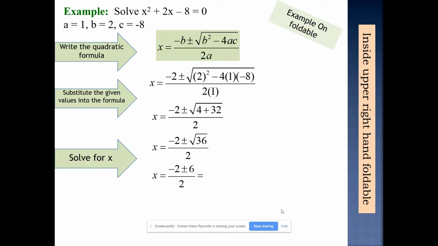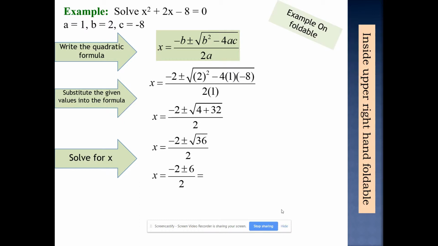So you have 4 plus 32 under the radical. Everything else kind of comes down, the negative 2, the plus and minus, and then we have 2 times 1, which is 2. We're going to add 4 and 32 together, which gives you 36. And then we take the square root of 36, which we know is 6.